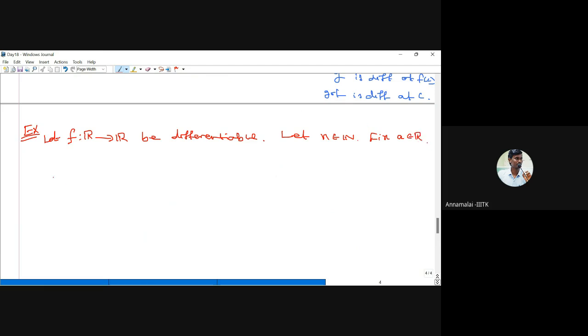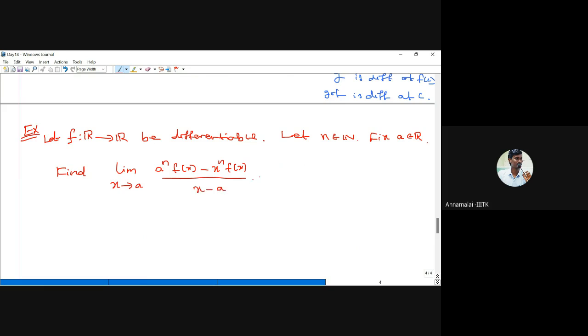Now find the limit as x goes to a of (a^n f(x) - x^n f(x)) / (x - a).